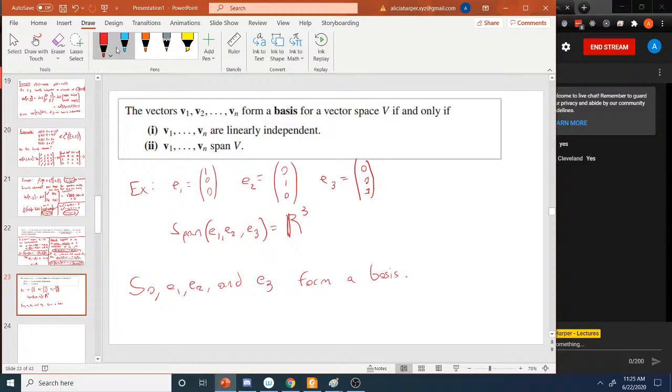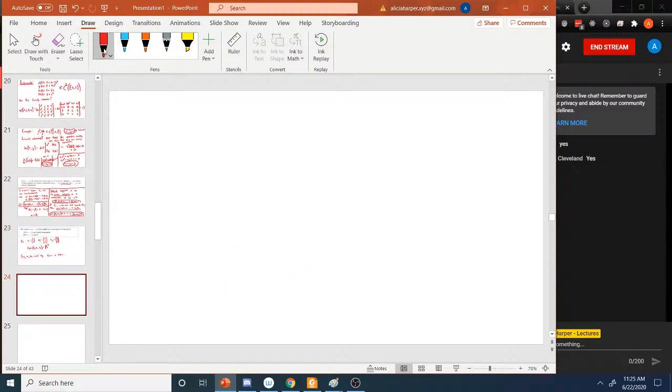Now here's the real important reason that we care about bases. I won't prove it today, but I at least want to state it for you.